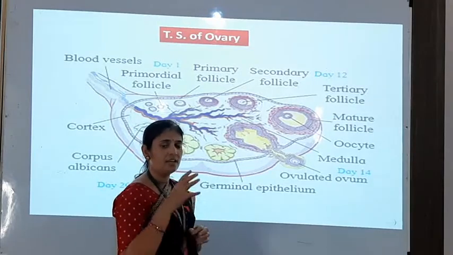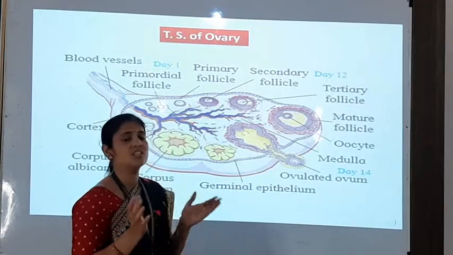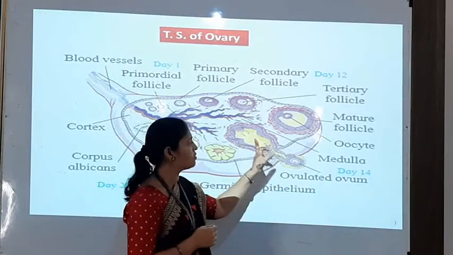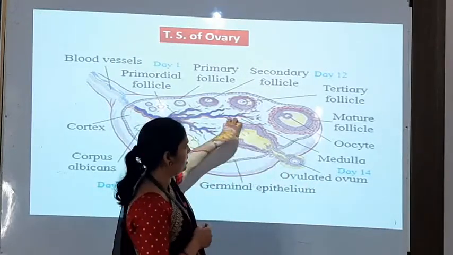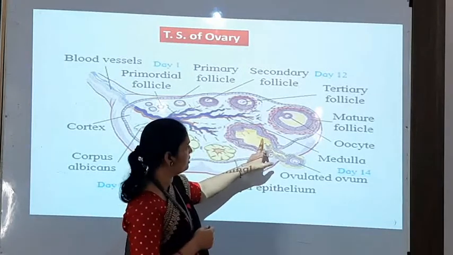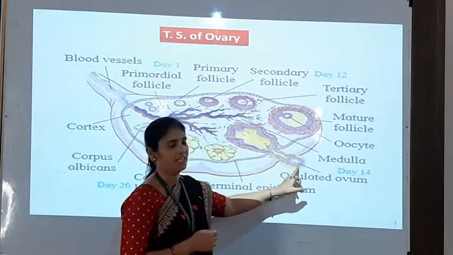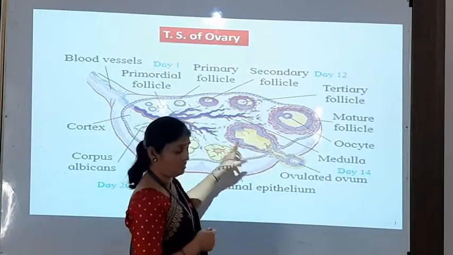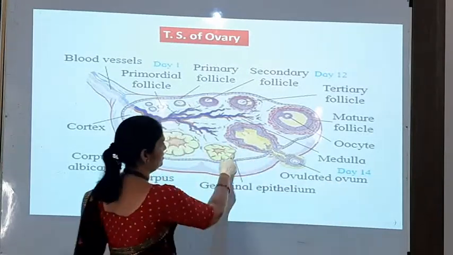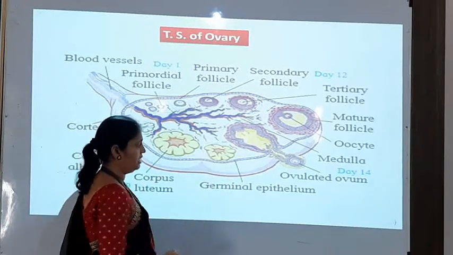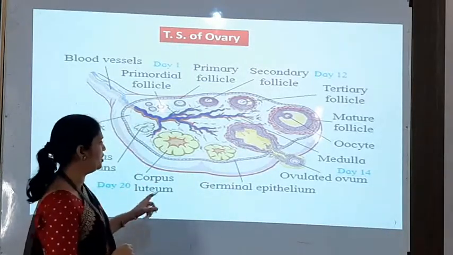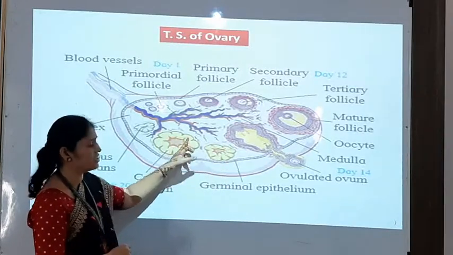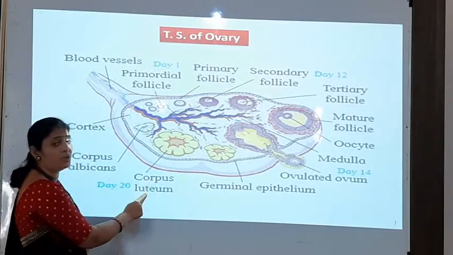When the Graafian follicle ruptures, it releases the ovum, and that process is called ovulation. Here this is a ruptured Graafian follicle, and the ovulated ovum is coming outside the ovary. This empty Graafian follicle is converted into a yellow structure called the corpus luteum.